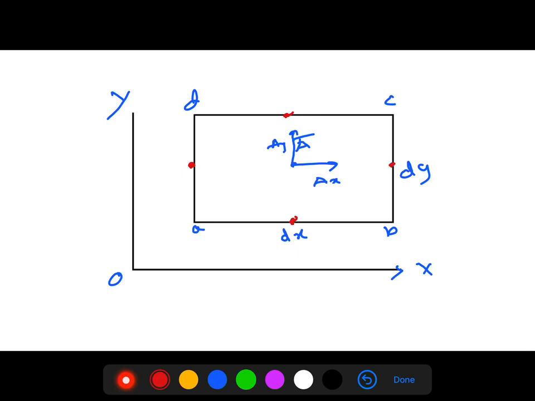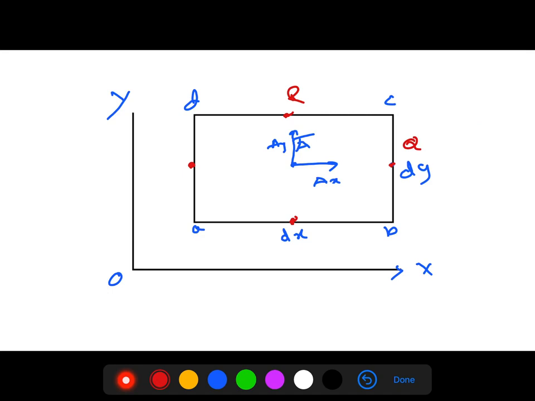Those points are called Q, R, S, T. It should be remembered that the rate of change of Ax along the y axis is given by dou Ax by dou y, and similarly the rate of change of Ay along the x axis is given by dou Ay by dou x.